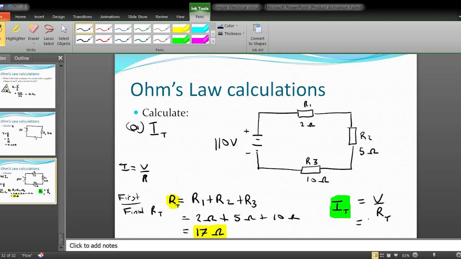You put in the values and you'll have 110 divided by 17, which is equal to 6.5 amperes.